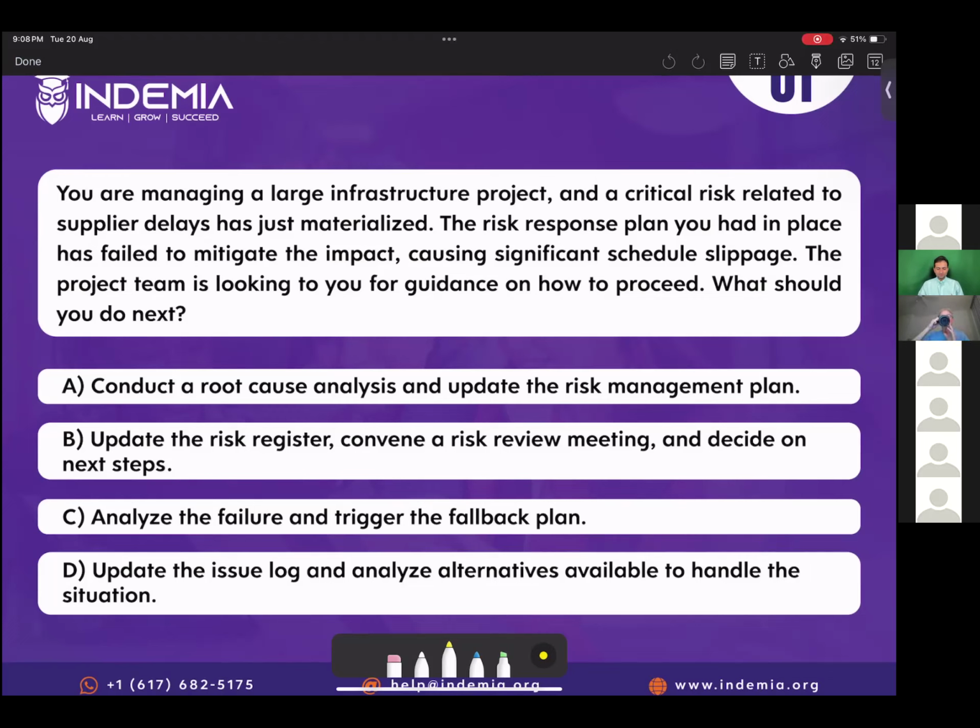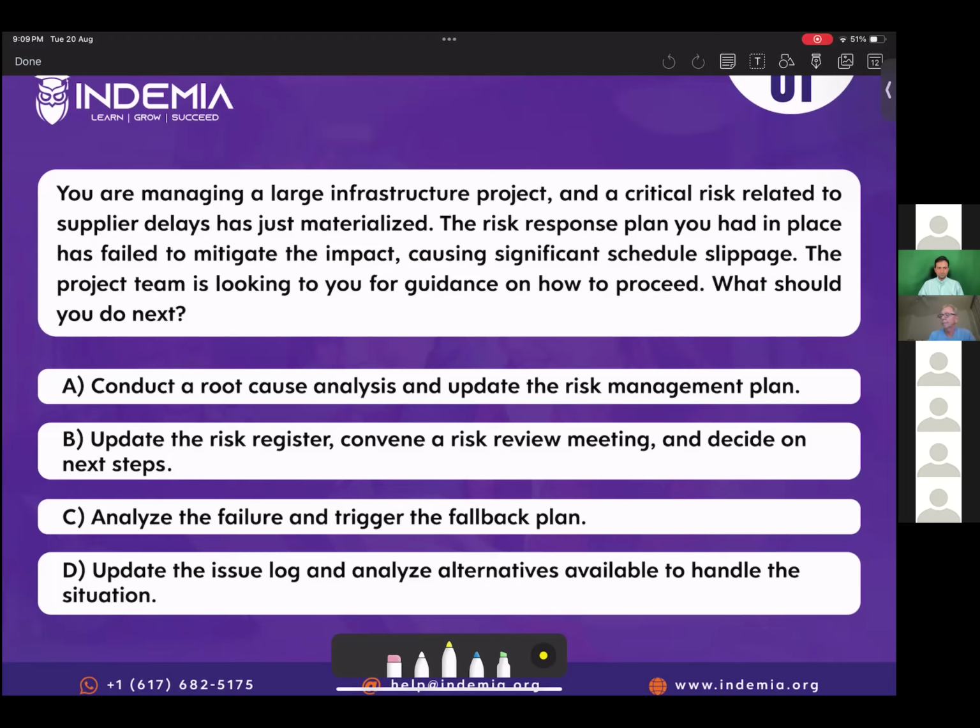Yeah, so you were told that the risk happened, right? So whatever mitigation they had did not apply. And then you are aware that the project schedule has significant slippage. It's going to fall behind. That's telling me, what I have to do in this case?